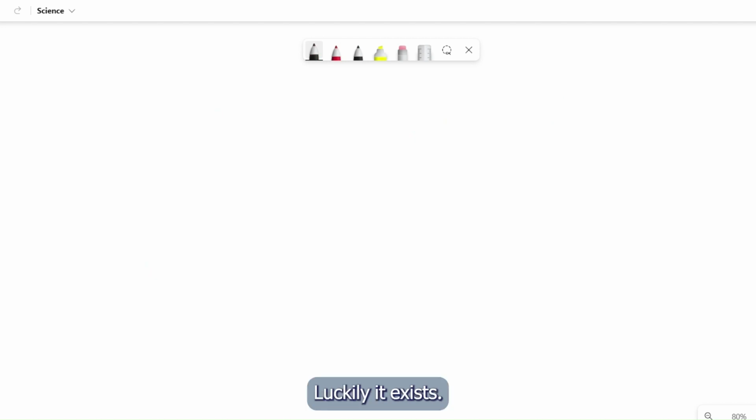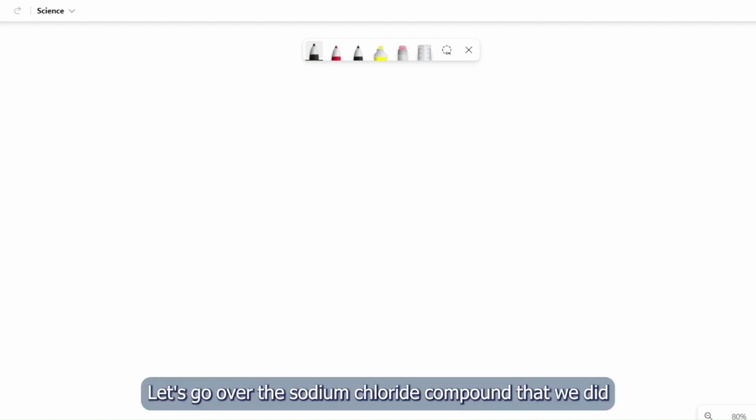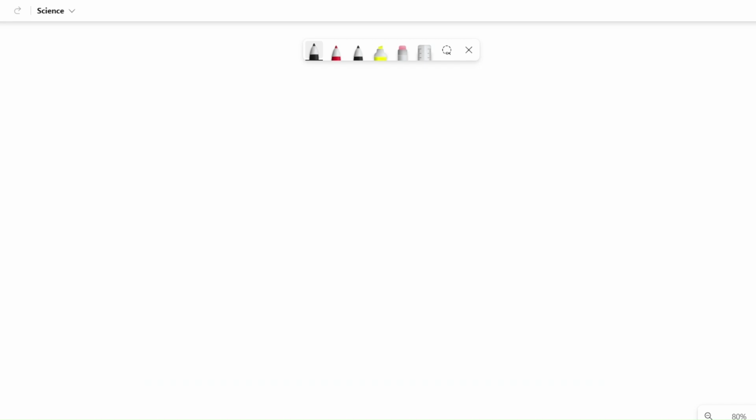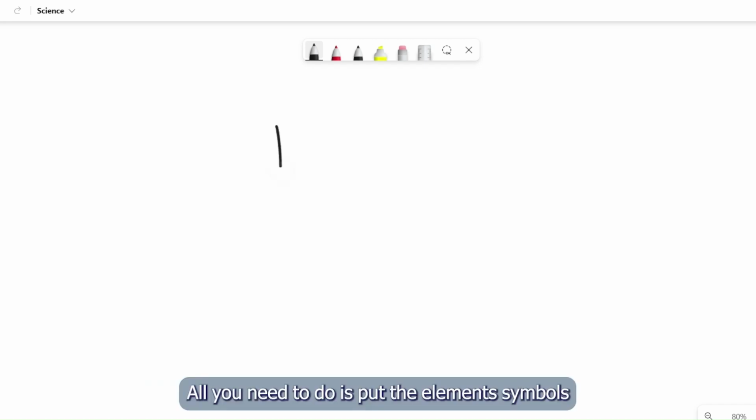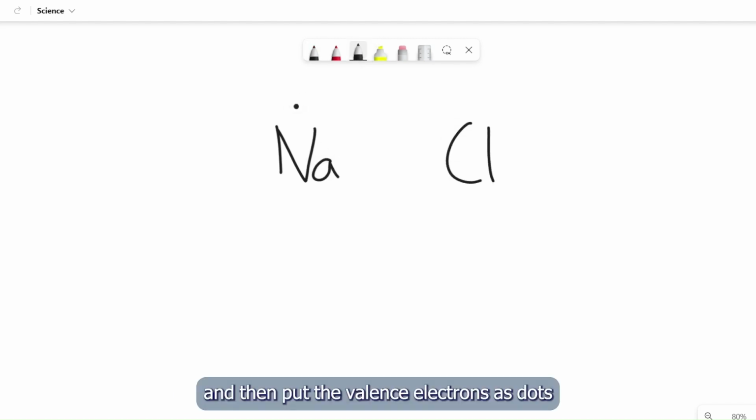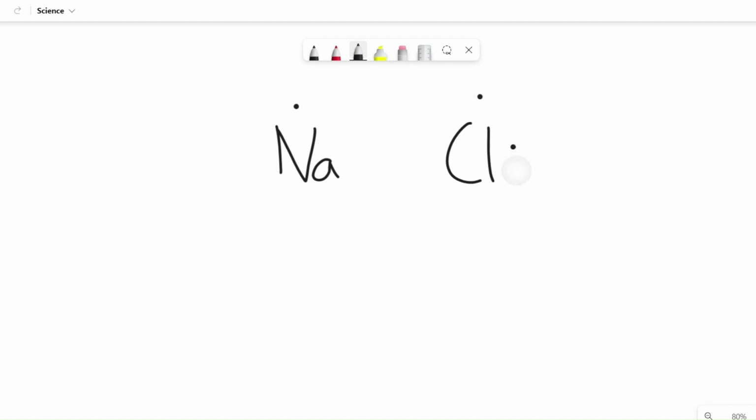Luckily, it exists. It's called the Lewis dot diagram. Let's go over the sodium chloride compound that we did using the Bohr models and use the Lewis dot diagram instead. All we need to do is put the element symbols and then put the valence electrons as dots.